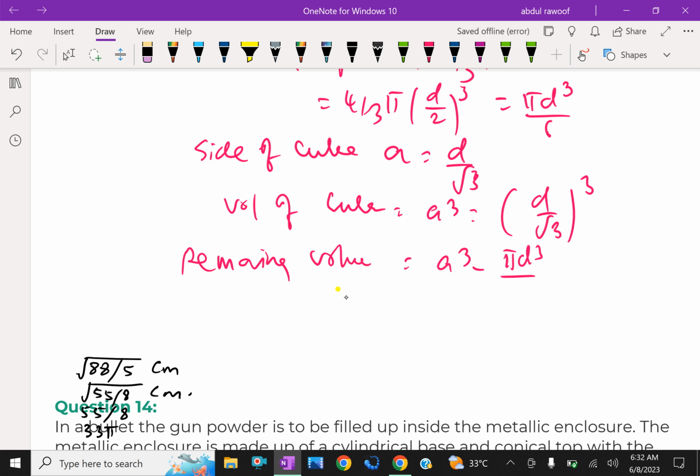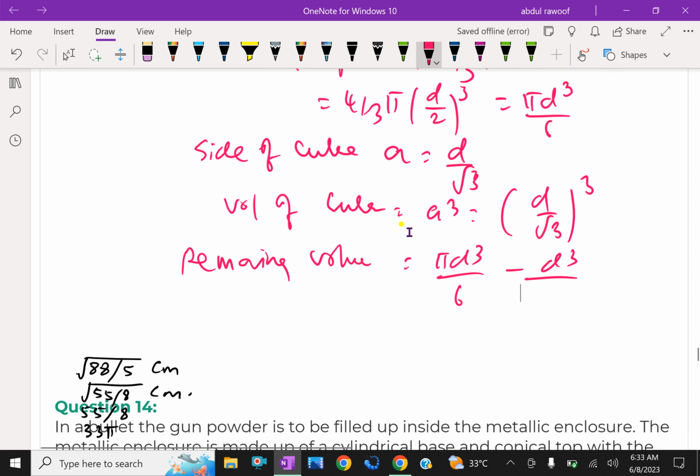Here first pi d cube by 6 minus d cube over 3 root 3, because d by root 3 whole cube is d cube over 3 root 3.